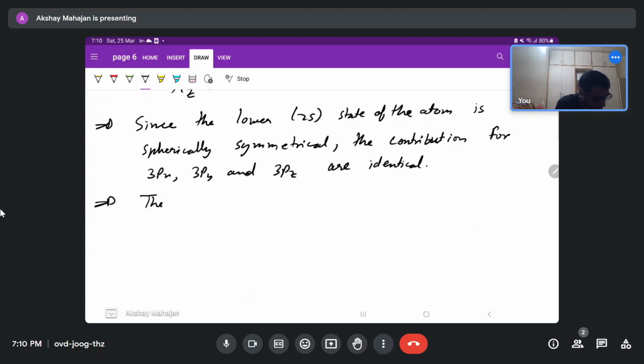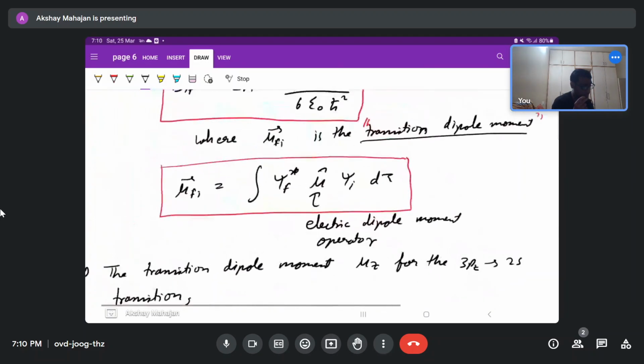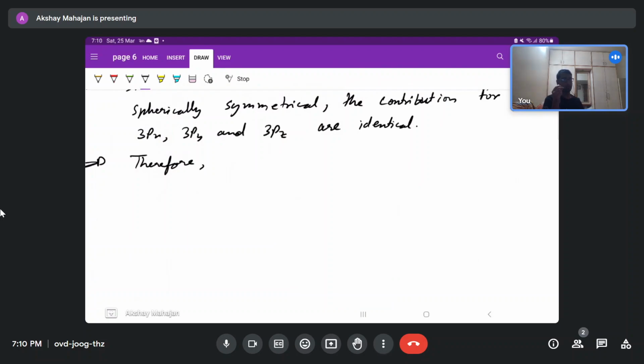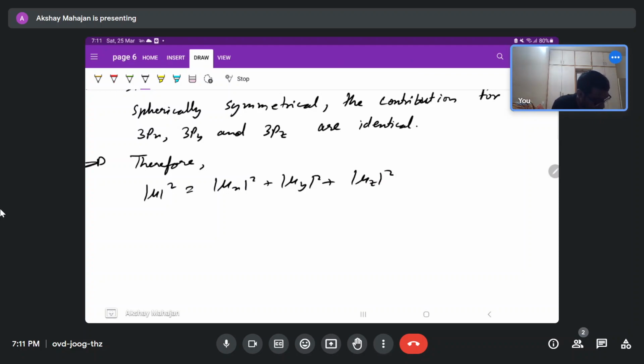Therefore, we don't need to calculate the transition dipole moment for the x and y directions, because they will have the same contribution, so the mod square will be the same. So the mod square of mu x squared plus mu y squared plus mu z squared will be equal to 3 times mu z squared, because all three of them have the same contribution.